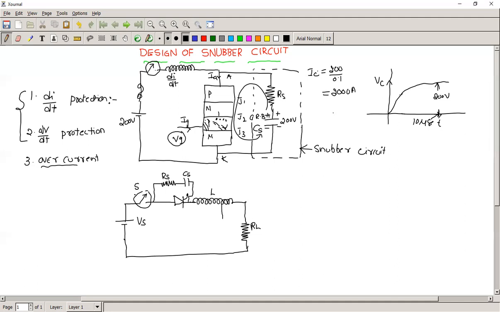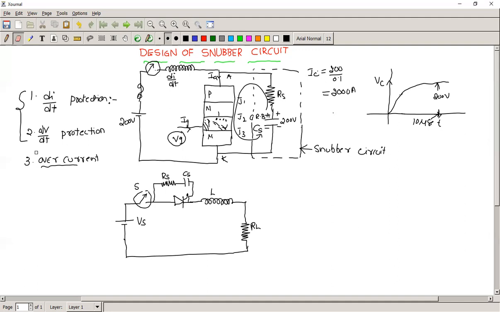Now we have to design this capacitor and inductor in such a way that the dV/dt and dI/dt of the SCR will be less than the values given by the manufacturer for the given SCR.